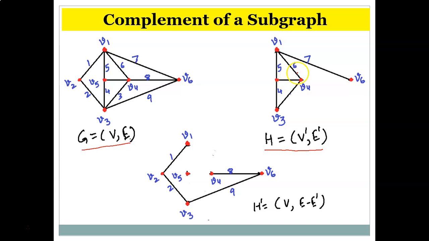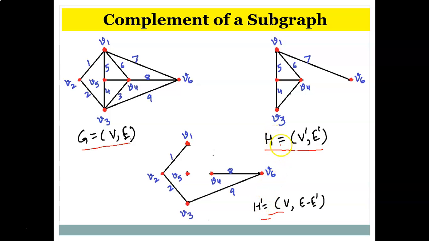So when we are deleting 7 from this, obviously 7 is deleted over here, and all the edges which are there should be deleted from this graph, and we are left with this situation, and finally we obtain the subgraph H dash. Then this subgraph H dash is said to be the complement of this graph H.